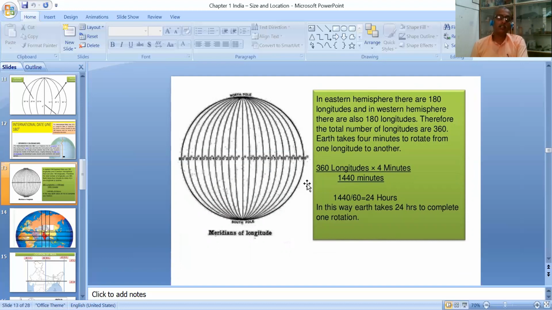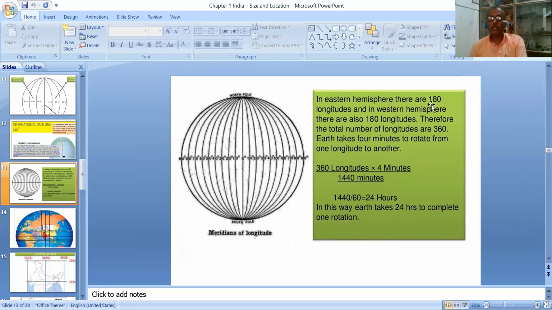Dear children, in the beginning we discussed that there are 360° of longitudes, meridians of longitude. To rotate 1 degree on its axis, Earth takes 4 minutes.